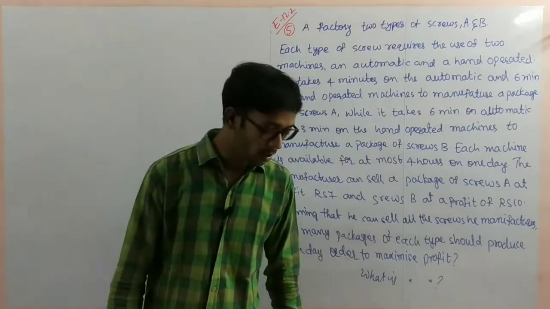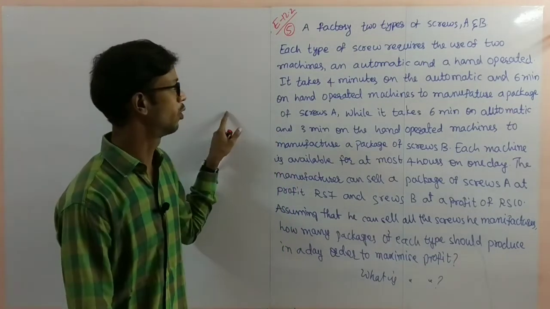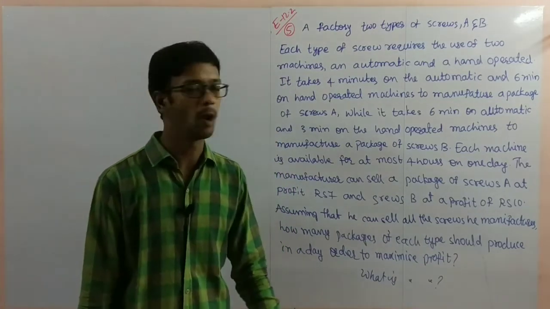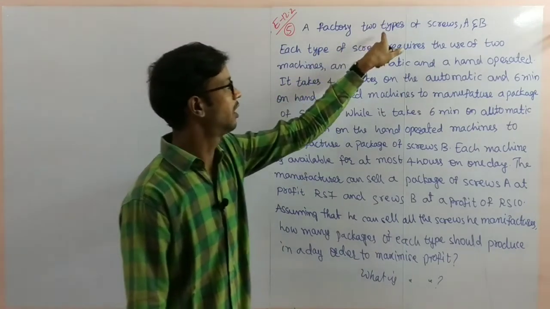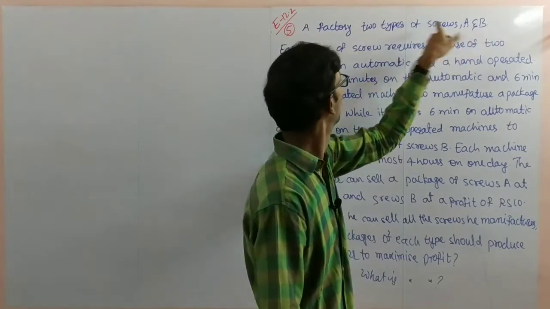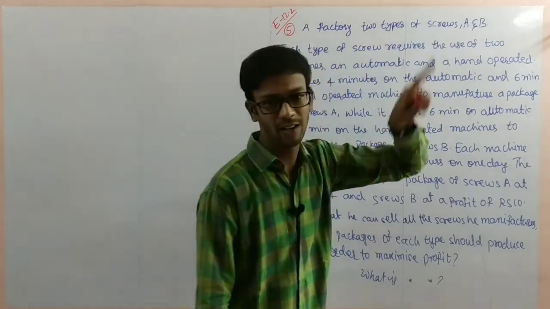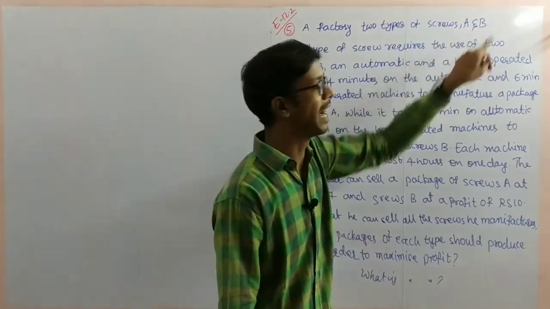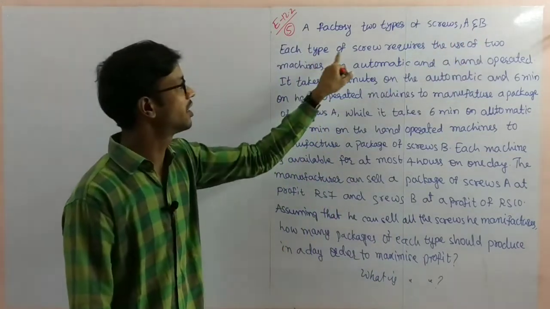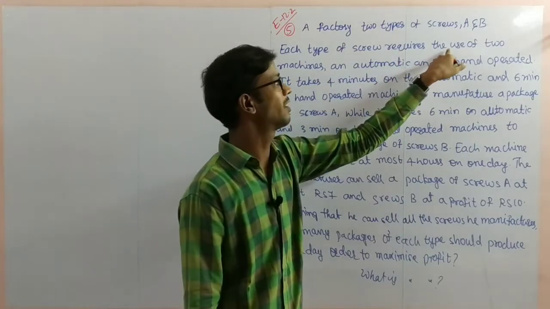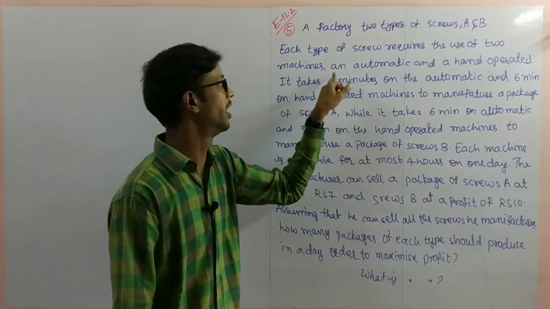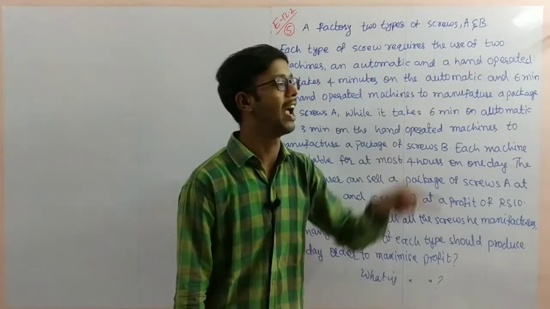Next you see problem number 5 in exercise 12.2. Same manufacturing problem again. A factory can make 2 types of screws, A and B. Each type of screw requires the use of 2 machines, an automatic and a hand operated.